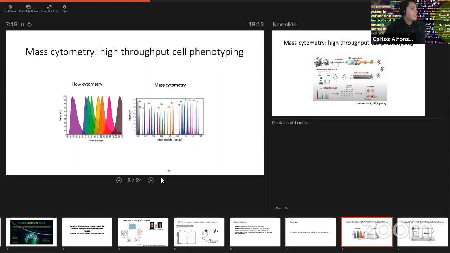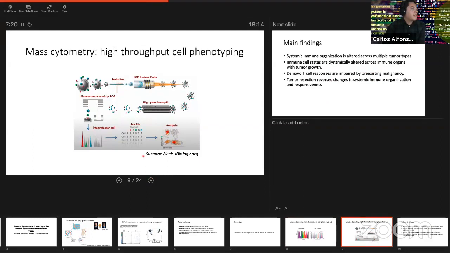This technique works with a very similar principle to flow cytometry, in which you have the cells and, as in classical flow cytometry, you use antibodies. And these antibodies, instead of being coupled with a fluorophore, will be coupled with metal ions, with metal modifications.